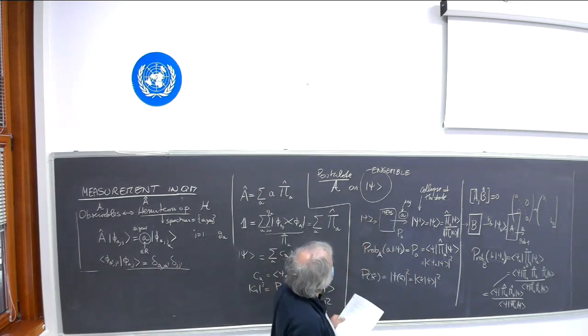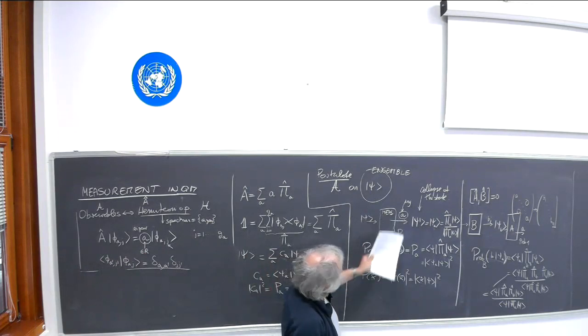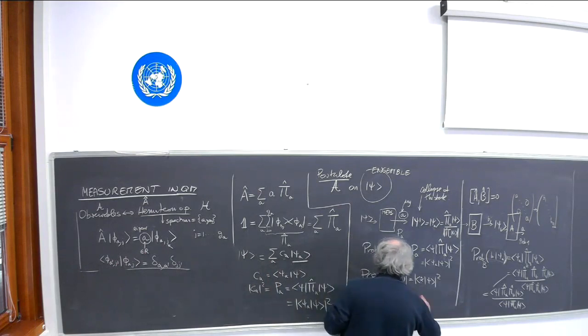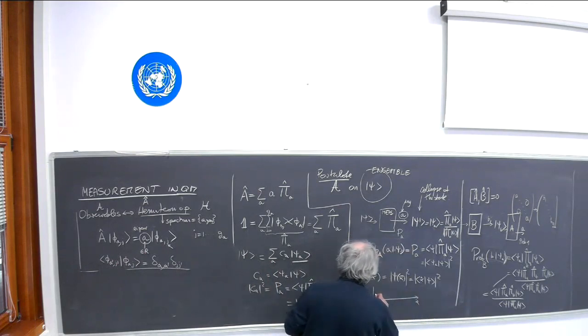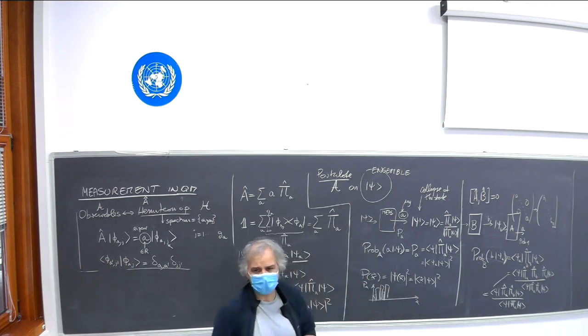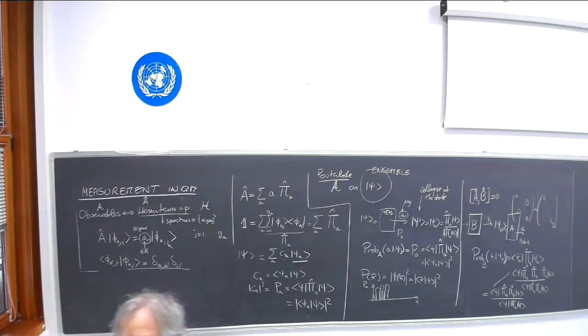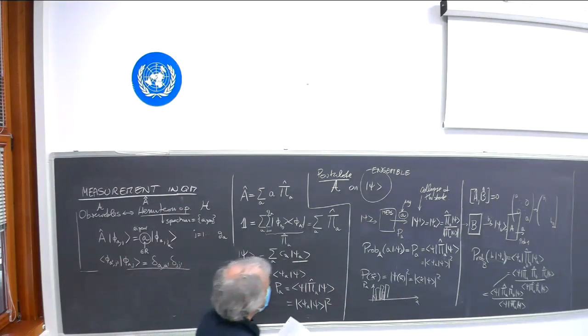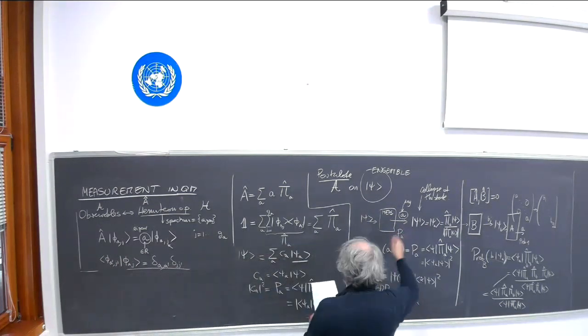You keep track of all the eigenvalues A, and you do histograms with certain probabilities. This is the projector A, and this is the eigenvalue A. You just collect experiments in the lab, and you measure repeatedly on the same state psi.